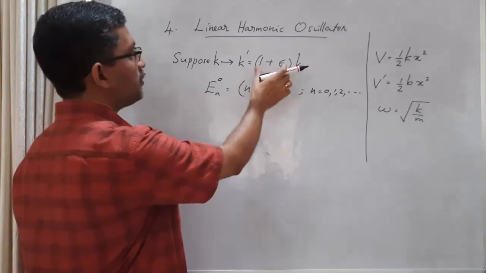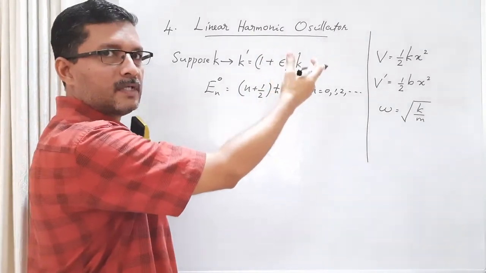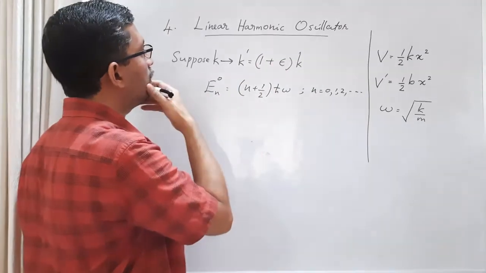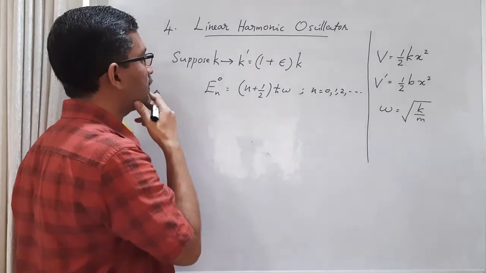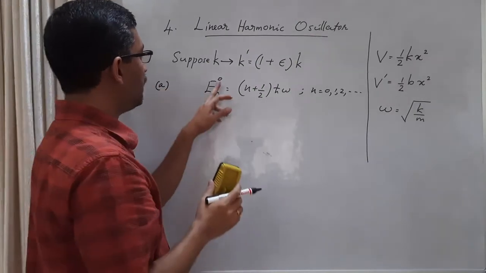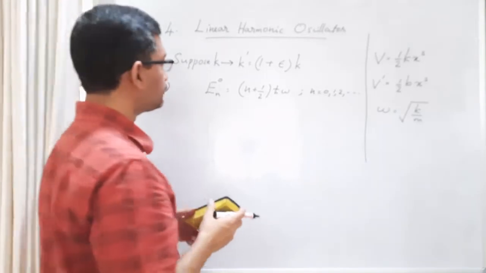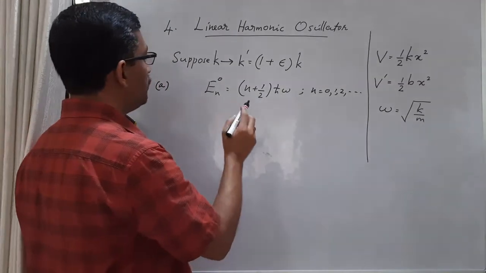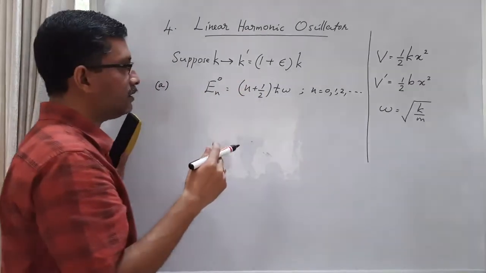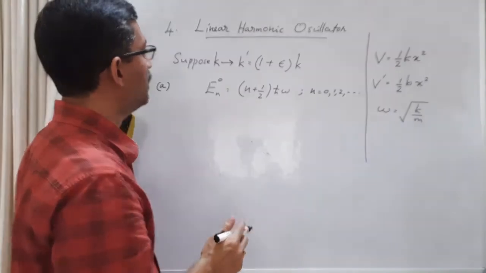Now, when this perturbation happens, let us treat this change in force constant as a perturbation. Okay, we are not doing perturbation theory in the first part. E_n^0 is the old energy values. So let us say we want to calculate the exact energy values when the force constant changes.